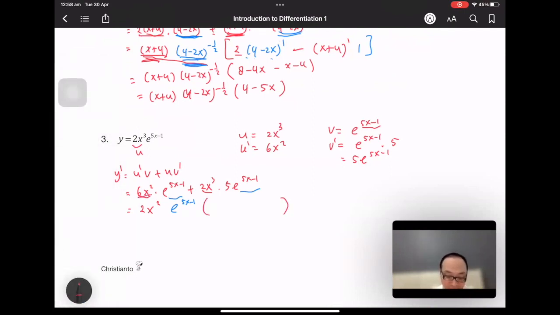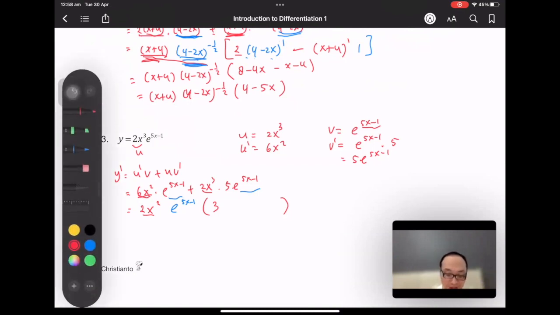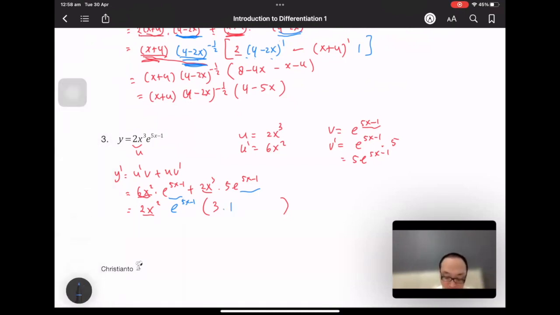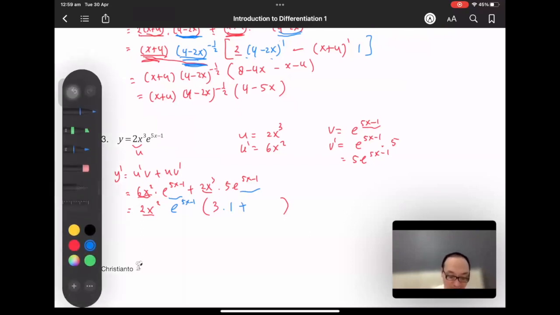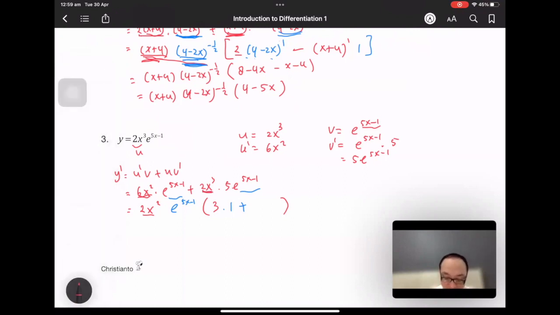Okay, 6x squared with 2x squared become 3. E to the power of 5x minus 1 and e to the power of 5x minus 1 become 1. Plus, okay, we have 5. We have 2x cubed and 2x squared. So it's also only x.